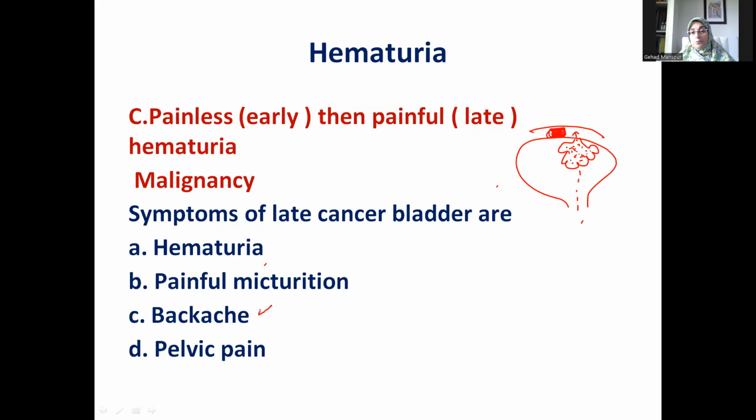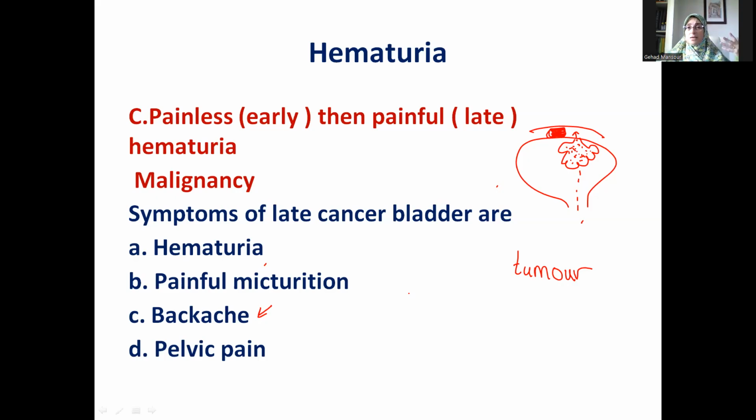But in order for cancer bladder to cause backache, the tumor, I mean the malignant growth, has to spread, because you know that malignant tumors are very fast growing. They are not encapsulated, and therefore they can invade any tissue around them.